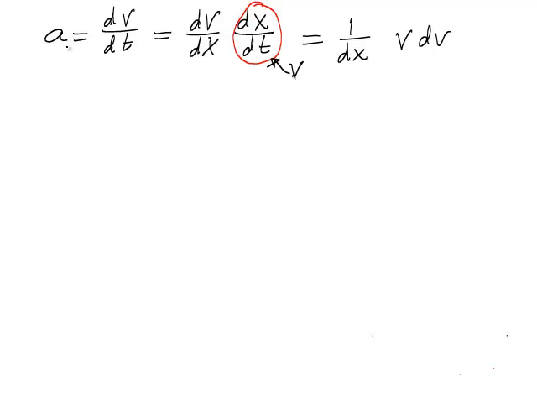So let's separate our variables. Let's bring dx over, and I end up with the velocity times a small change in the velocity is equal to the acceleration times a small change in the position. Now I want to integrate both sides. Again, the acceleration is constant, so I can bring that out of my integral.